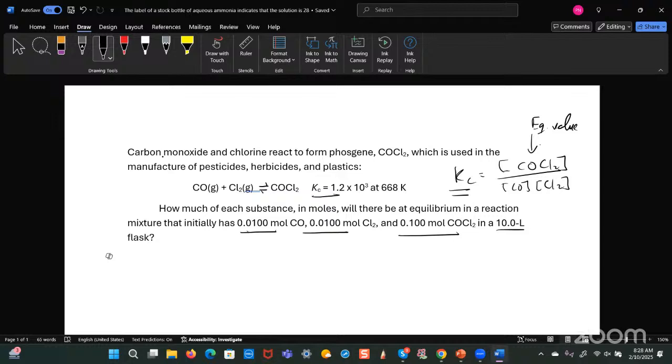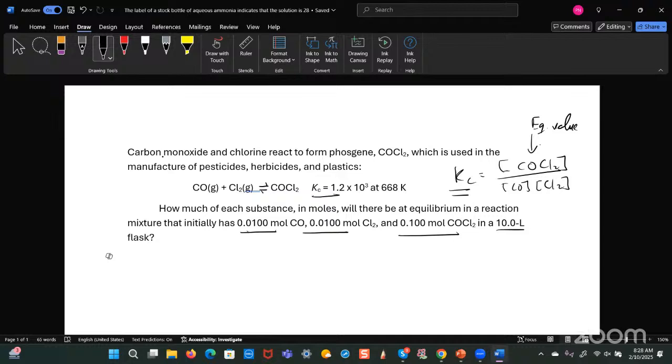And just to give you a little hint, if you remember the last time you were here, we talked about comparing Qc to Kc in order to predict which direction the reaction is going to shift. Qc is basically the same equation as Kc, except that those terms are not necessarily equilibrium terms.